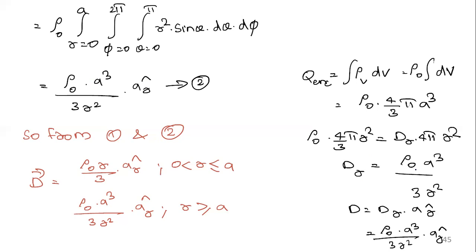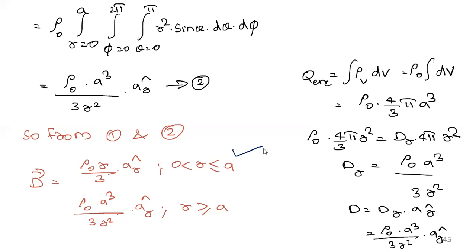So Dr is equal to rho 0 into a cube by 3r square, so D is rho 0 into a cube by 3r square into ar. So from 1 and 2, the conclusion is D is equal to rho 0 into r by 3 into ar when r is less than a. And when r is greater than a, D is equal to rho 0 into a cube by 3r square into ar. Only these two differences you have.